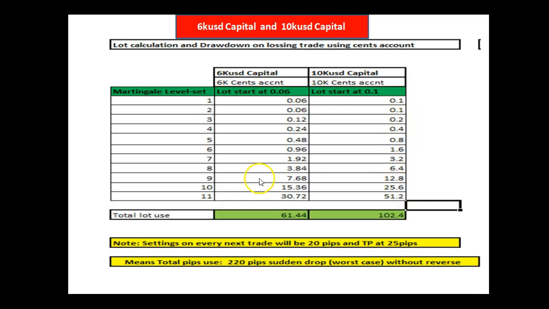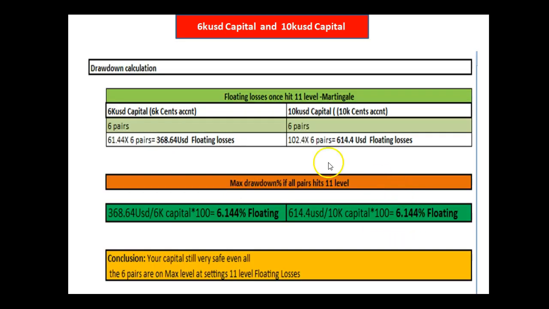If you hit level 11, the total will be 102.4 lot size. For the 6 pairs we multiply by 6, so 614.4 US dollars is probably your floating losses on 6 pairs.